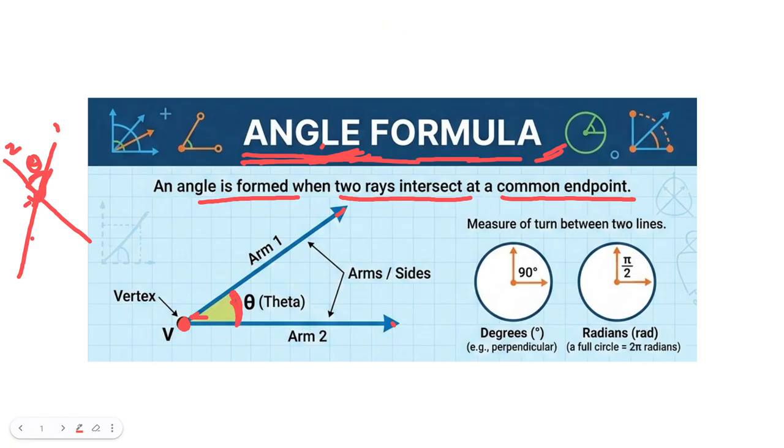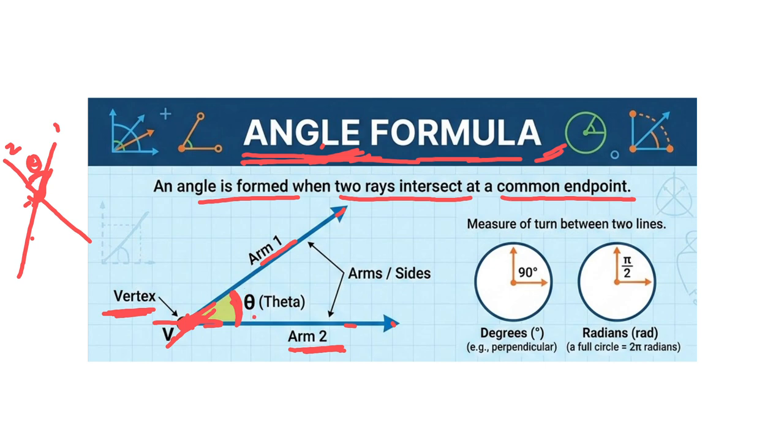Angle is nothing but the distance between these two rays, which are also known as arms, arm 1 and arm 2. The point where these two intersect is called the vertex.